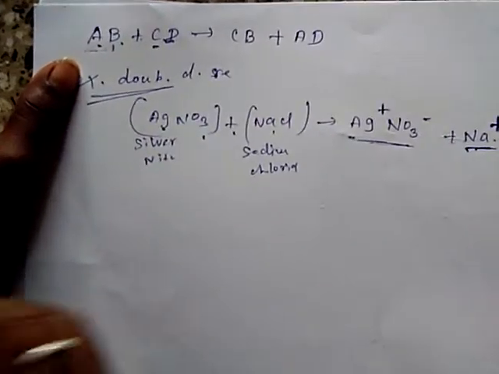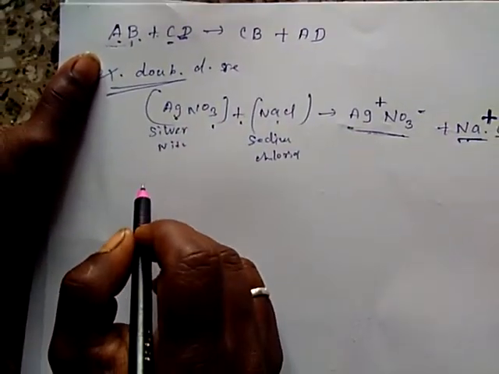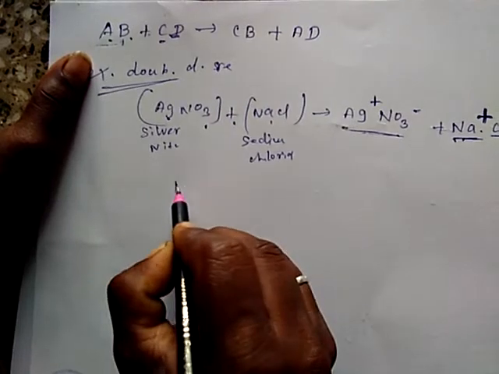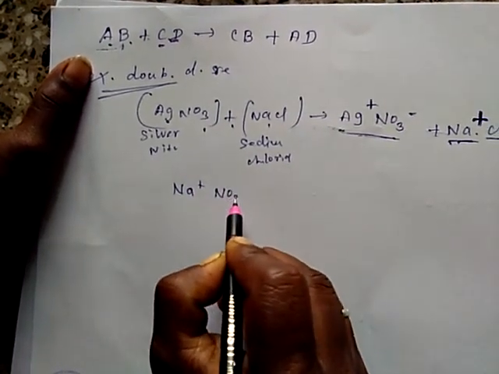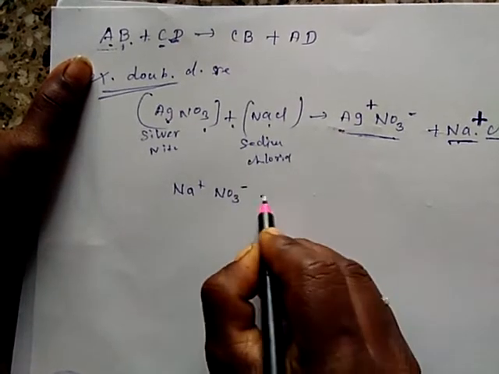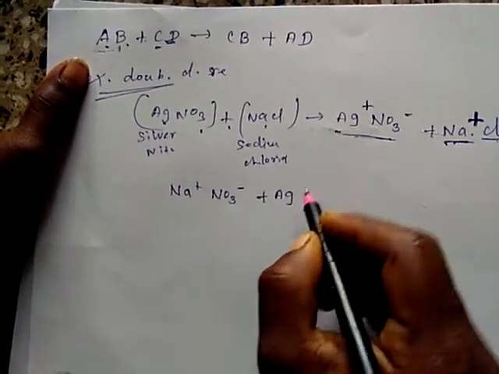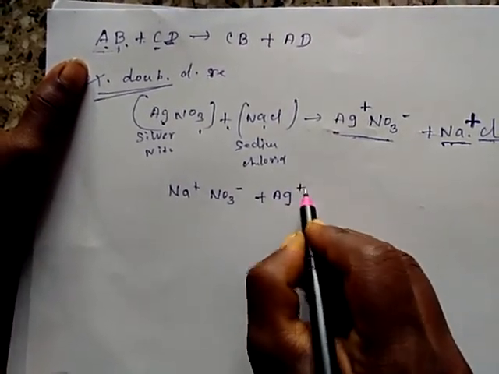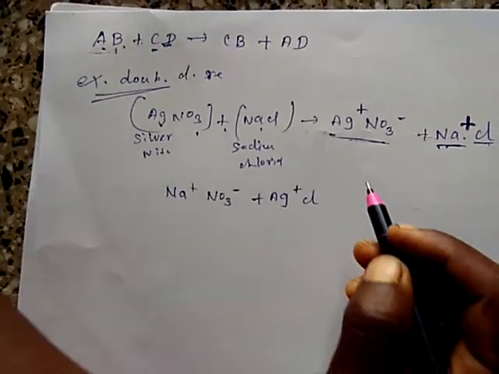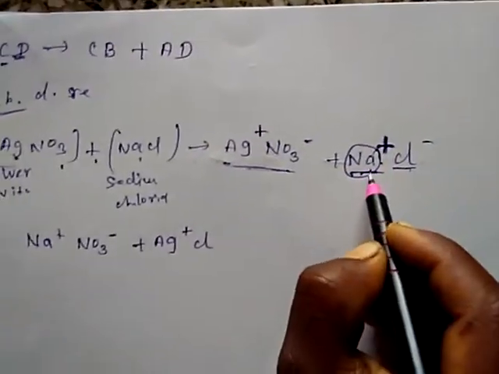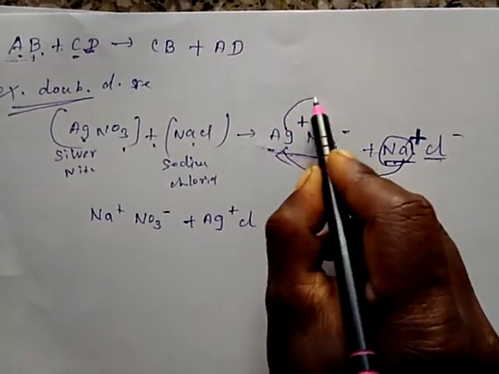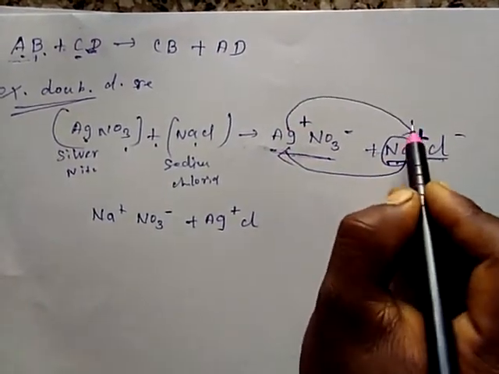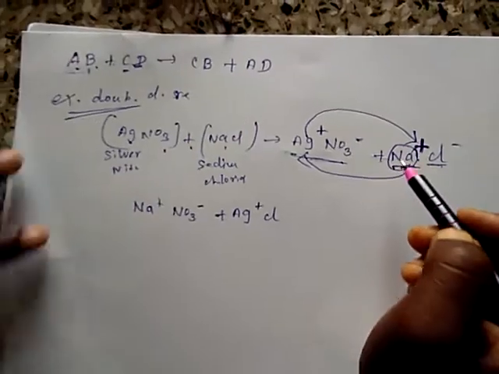Now you can exchange the cations. So let's exchange the cations: Na ion with nitrate, plus Ag silver ion with chloride. Here you see Na is exchanged to the first product and Ag to the second product.